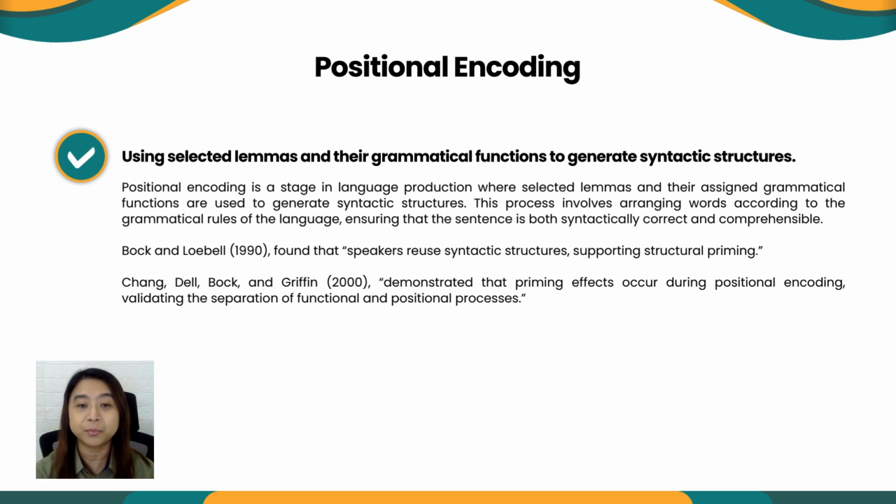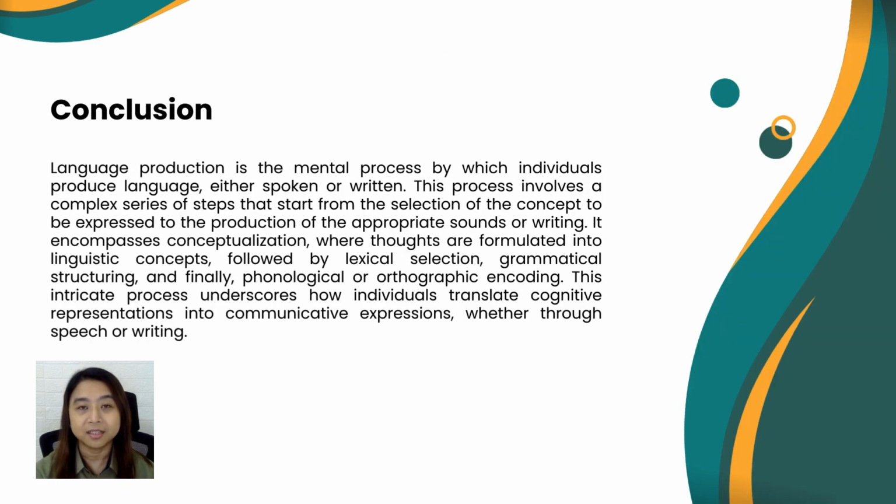And here is the conclusion. Language production is the mental process by which individuals produce language, either spoken or written. This complex series of steps begins with the selection of the concept to be expressed and culminates in the production of the appropriate spoken or written form.